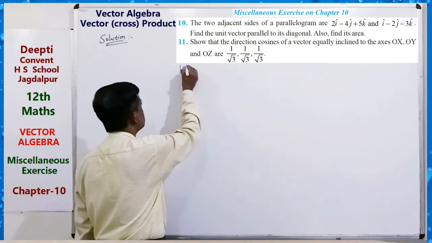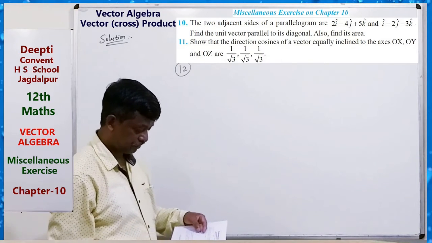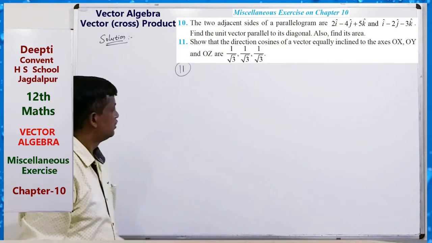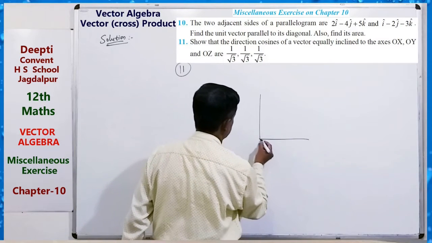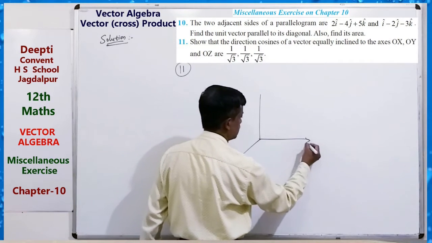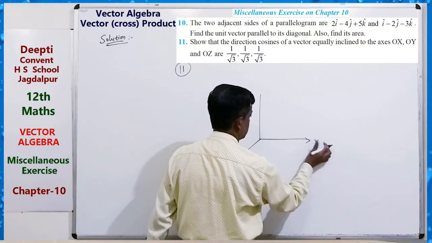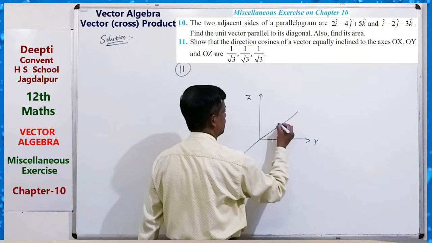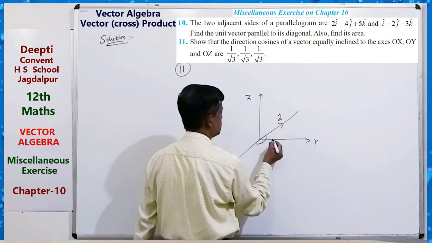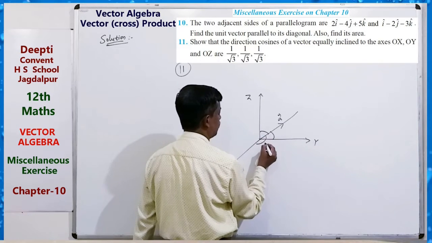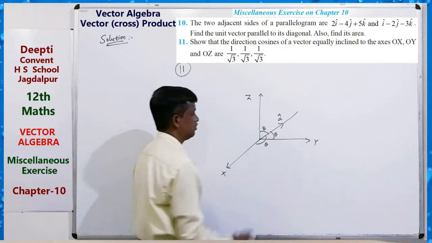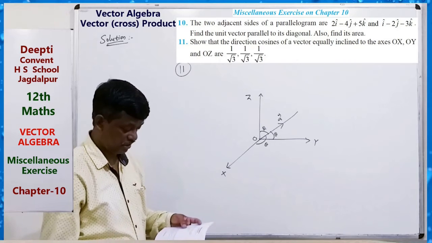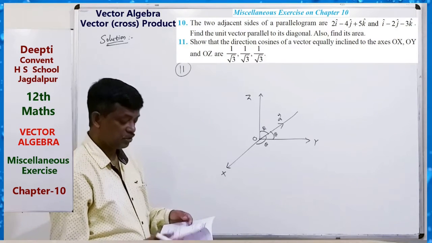So here the directions are like this: x-axis, y-axis, z-axis. This is a vector, equally inclined to these, theta, theta, theta. Equally inclined vectors. And we have to find the direction cosines.